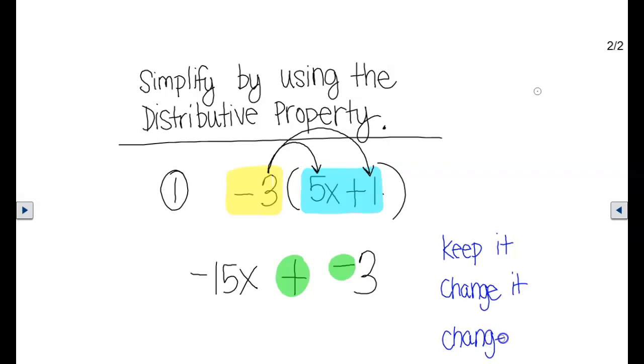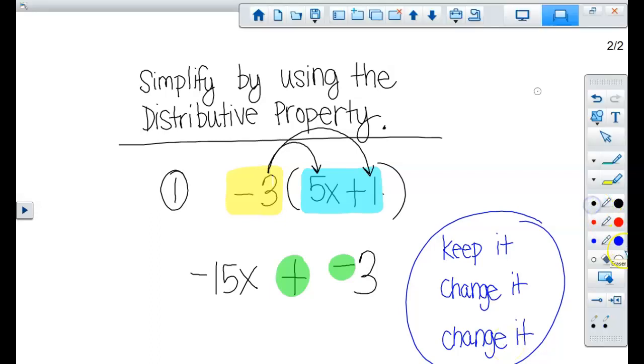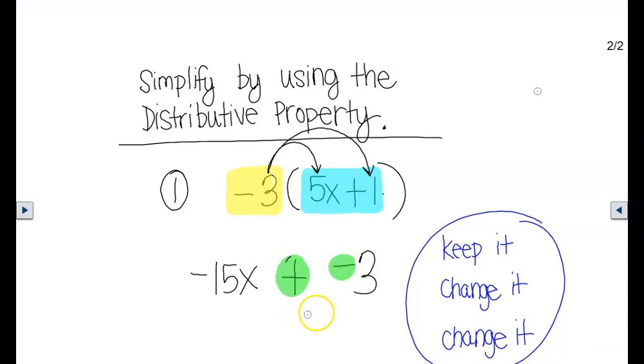And so in these problems where we're distributing a negative like we are today, we're going to have to go back to this and use it to help us change that answer. So I don't ever want you to leave these double signs in your answers. I don't ever want you to leave plus a negative or minus a negative. I want you to get away from that. So to get rid of it, we are going to keep it, change it, change it.